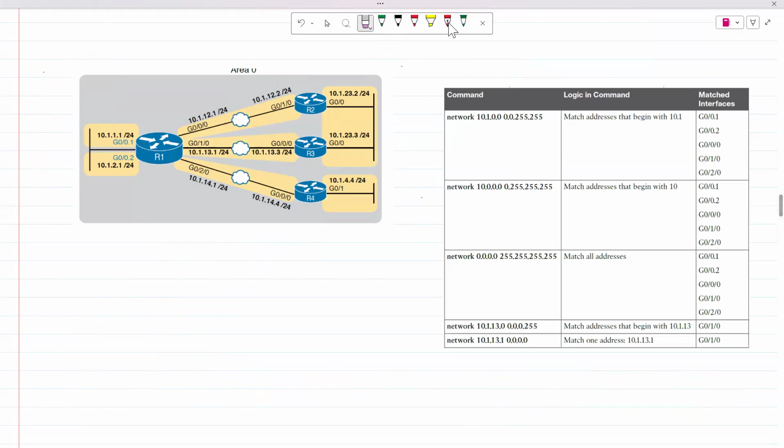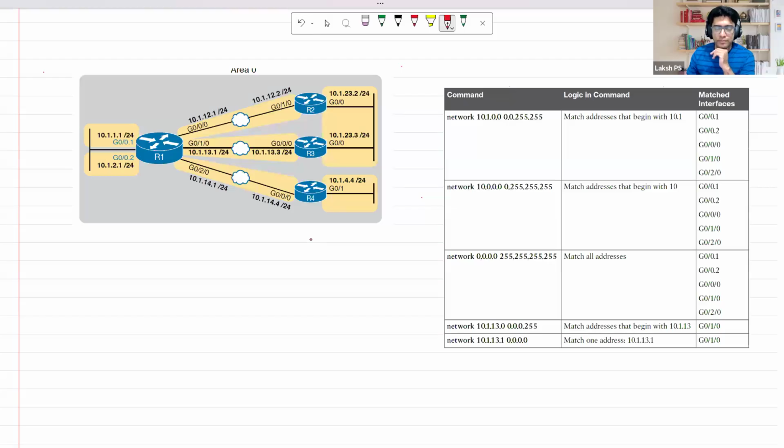What I understand is there's a difference between subnet mask and wildcard mask. In subnet mask, one represents network and zero represents host. Correct. In the wildcard mask, here if you see, 10.1 is constant, but after that it is changing.